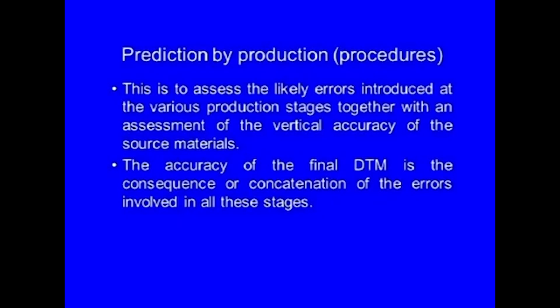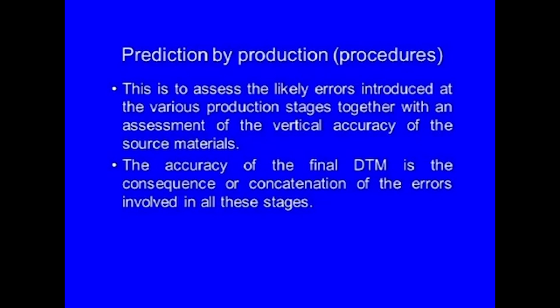So, let us look at them each one by one. First is prediction by production, that is the procedures used. This is to assess the likely errors introduced at the various production stages together with an assessment of the vertical accuracy of the source materials.